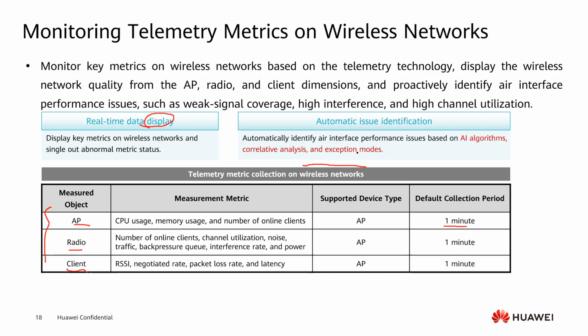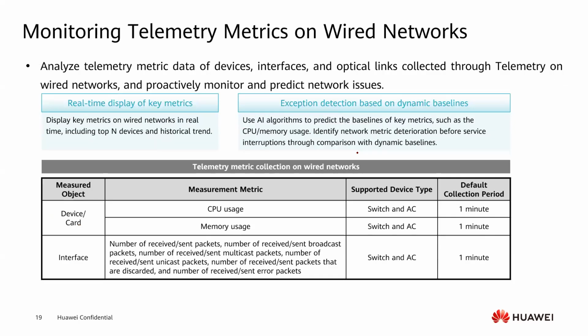This function is also for the wired network. It will calculate the data such as the device and card CPU usage and the memory usage. It will also detect the interface, such as the number of packets received and sent from the interface, and also some error packets.